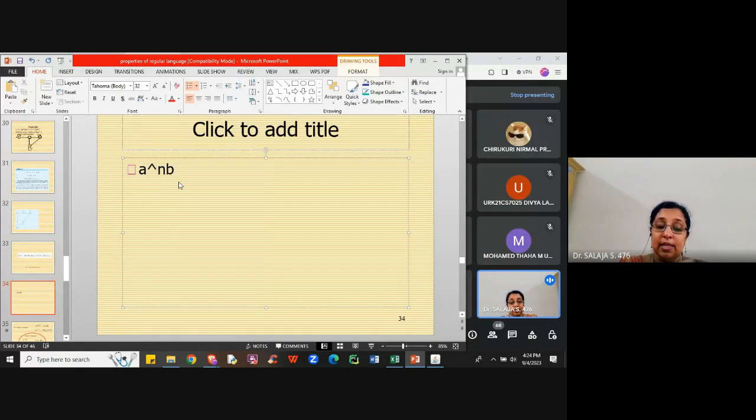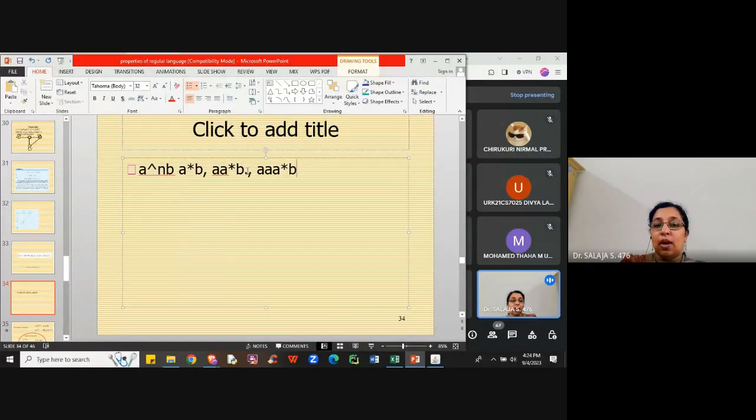If n is greater than or equal to zero, we'll make it as A closure B. In case n is greater than or equal to one, we'll say A positive closure B. If n is greater than or equal to 2, I can put it as two A's and then an A closure B.